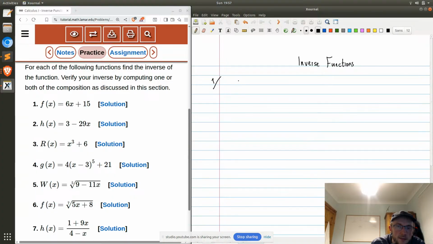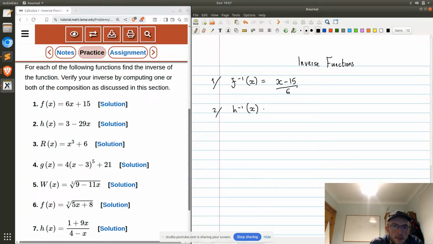That's quite fine. So for this simple linear function here, it would be x minus 15 over 6. Those are straightforward and can be done just in your mind.